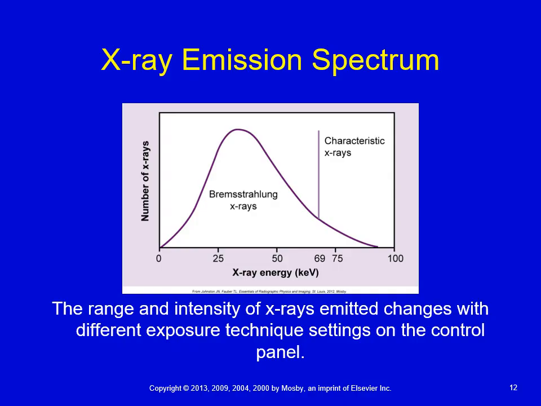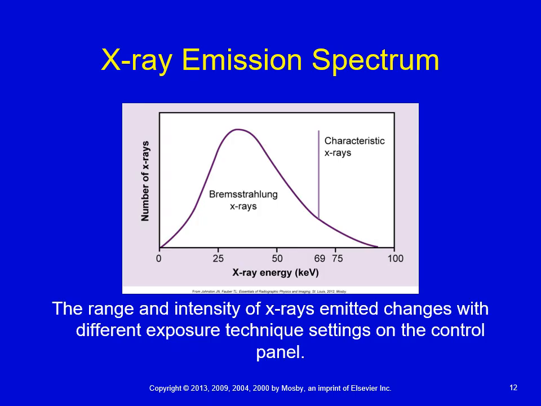All right, now we're moving on to what we call the emission spectrum. As you can see right here, it's made up of two parts. This is the complete emission spectrum, but we can break it down and look at just the two parts: the discrete emission spectrum, which is just the characteristic part, or the continuous emission spectrum.